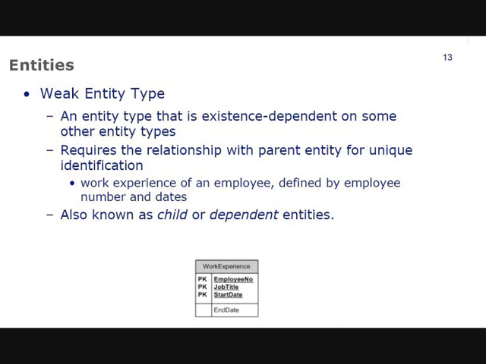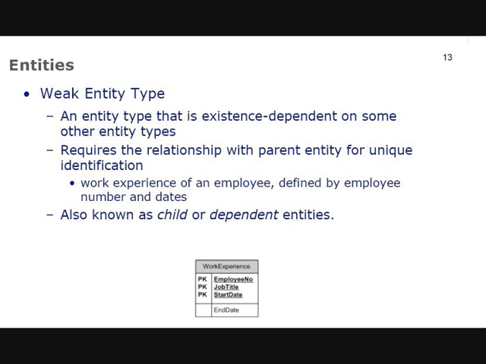So that is what we will call a weak entity type. So work experience is going to exist in relation to an employee, and it might be composed of the employee number, the job title, and the start date, and then there might be an end date as well. So it is something that exists in the real world, but it exists in relation to another entity type, i.e. to an employee. Are we all happy with that?